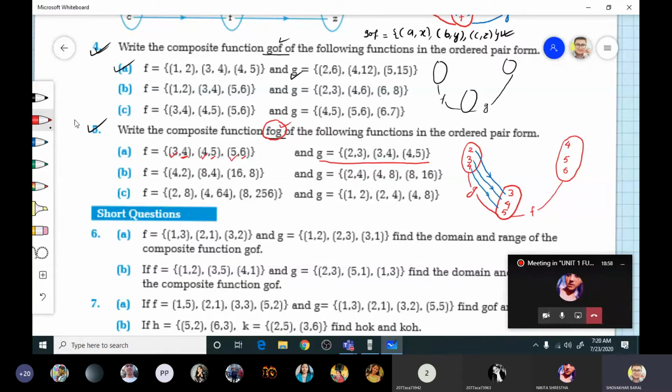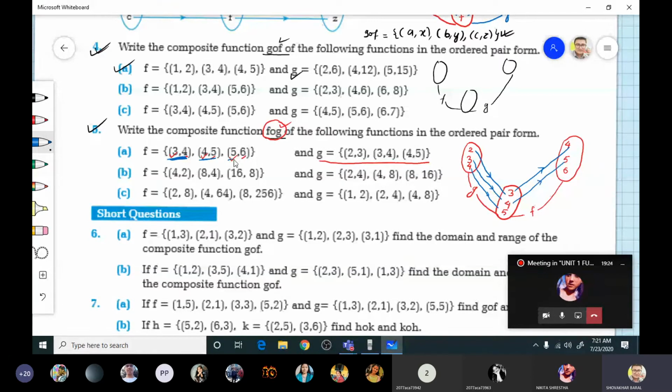Okay, the mapping will be like the earlier one. You can see in this ordered pair, 3 is mapped with 4, so I'll map 3 with 4. 4, 5 is the ordered pair, so let me join 4 with 5.